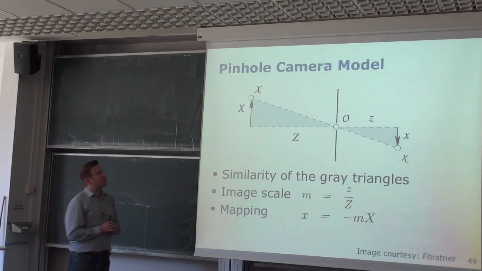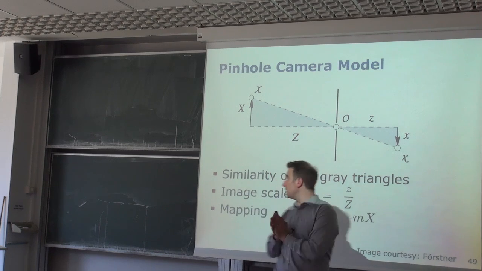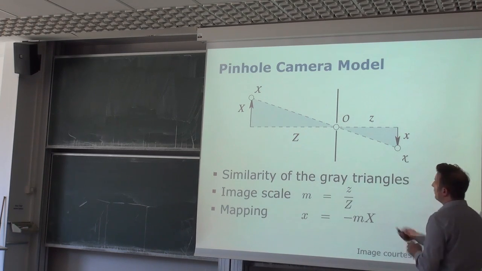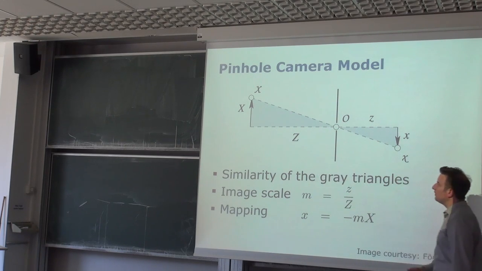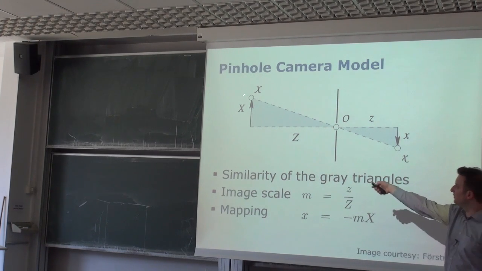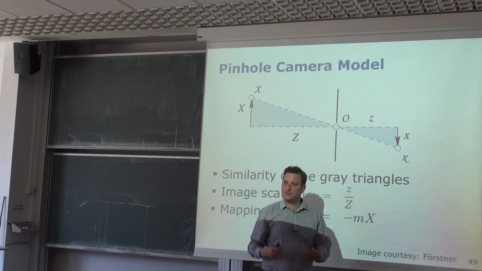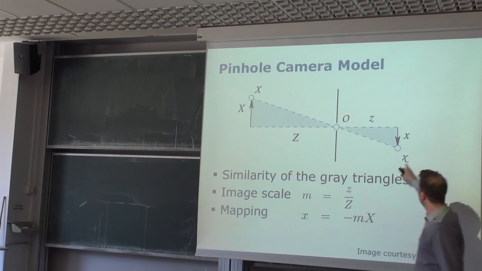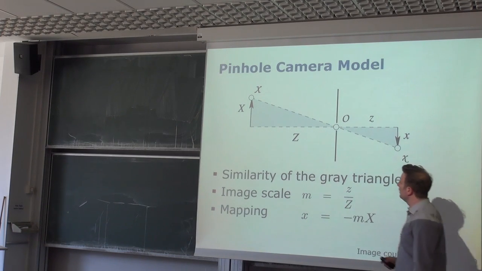Okay. So let's go a step further and look at what's behind this pinhole camera model. How does that work? This is our real world. This is a point in the real world, capital X, and this distance here is X. Everything in capitalized letters is in the world, and everything in small letters happens in the image.